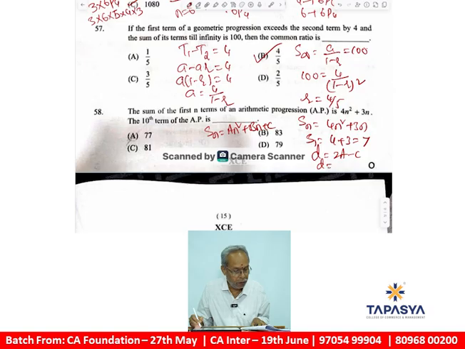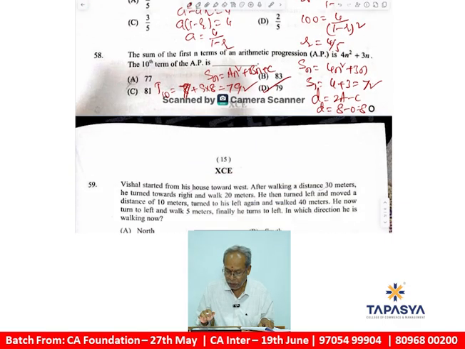So from this, the common difference d is equal to 2 into a, that is 8. So the 10th term is equal to first term plus 9 times d, that is 7 plus 9 into 8, and this comes to 79. So the answer is 79.